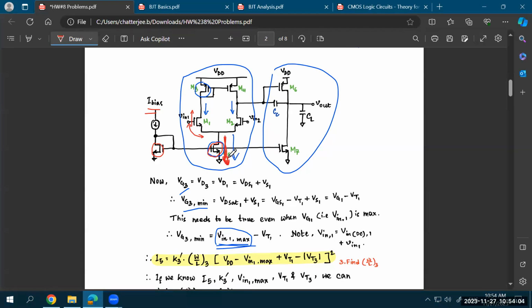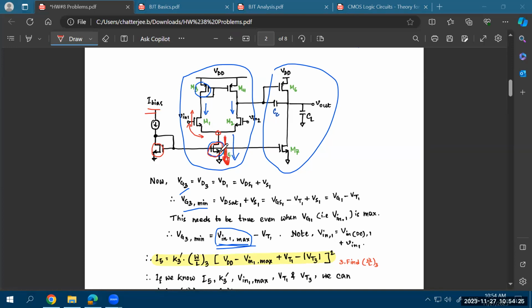So if your current is fixed, as you're changing the gate voltage, as you're changing the DC voltage at the gate of the M1 and M2 transistor, what needs to happen is that the source potential also needs to change in terms of the DC voltage that you have, right? Because you know current is nothing but K over 2 times (VGS minus VT) whole squared in saturation.